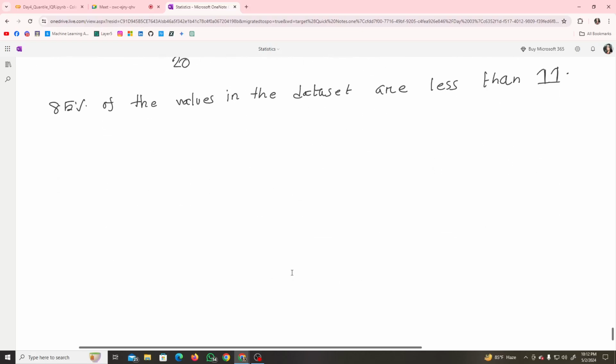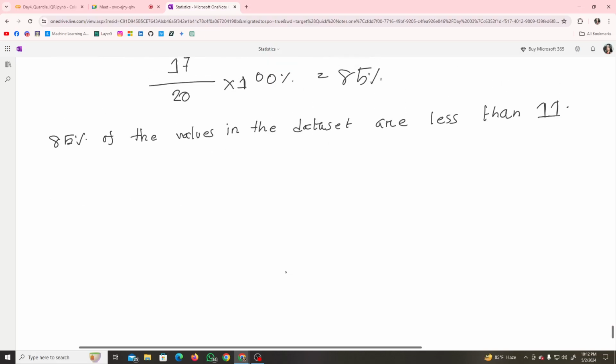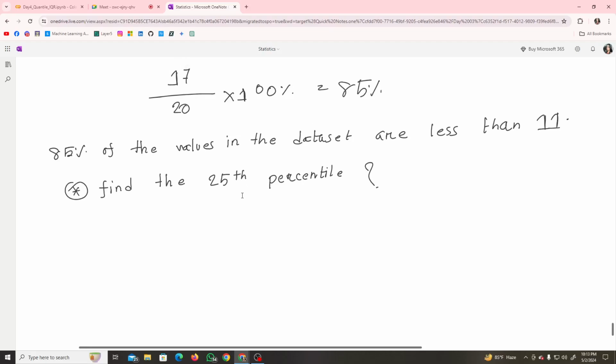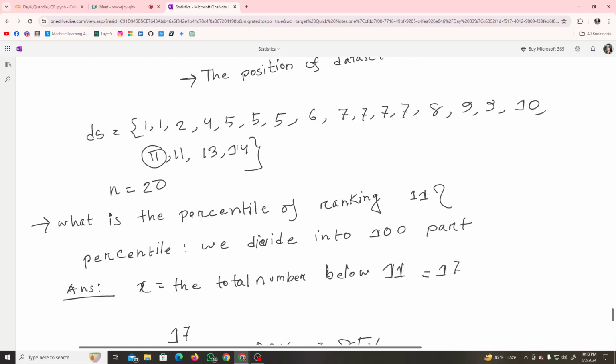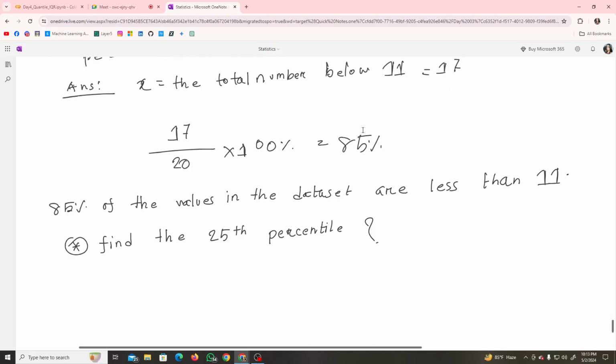So if we think inversely, suppose you are told to find the 25th percentile. In this case, you have to find the value below which 25% of the data set lies.